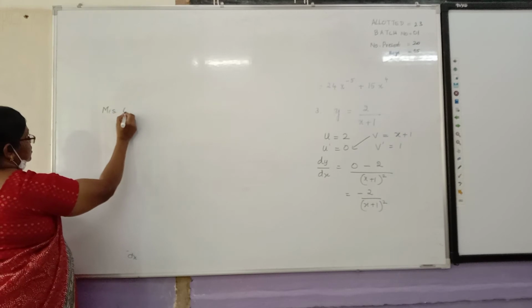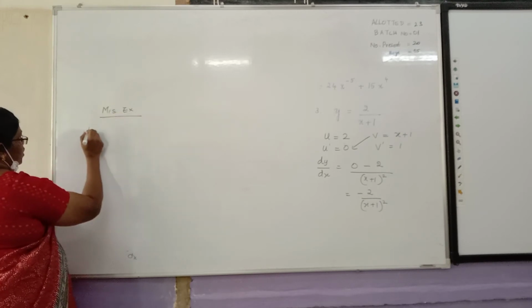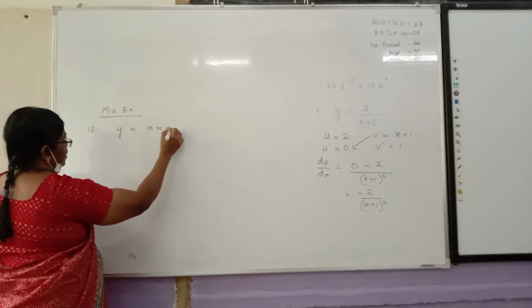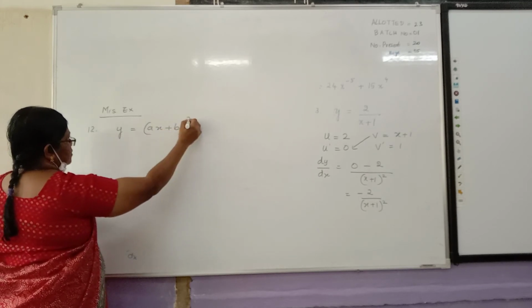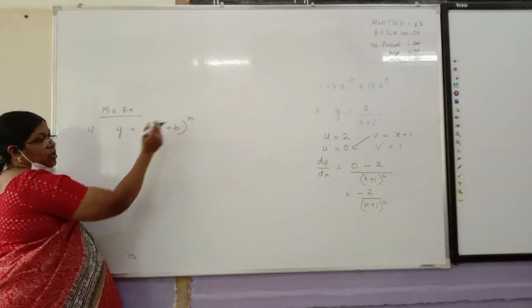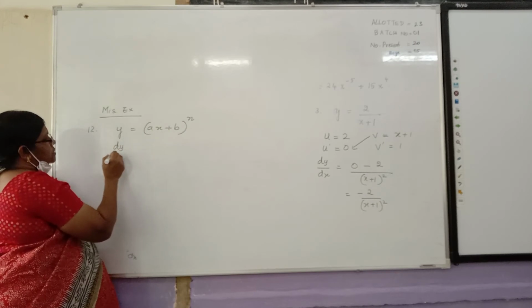Miscellaneous exercise, question number 12. y equal to (ax plus b) the whole power n. I am going to apply the chain rule. So power is there. So what is your dy by dx?